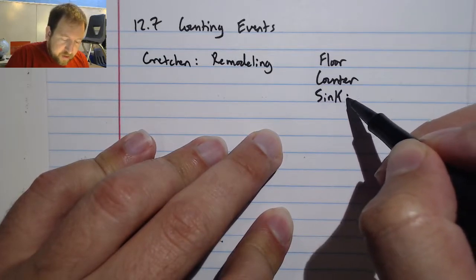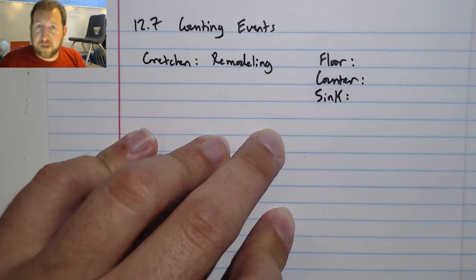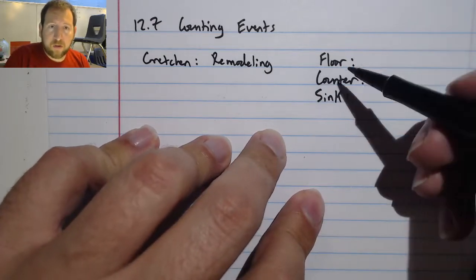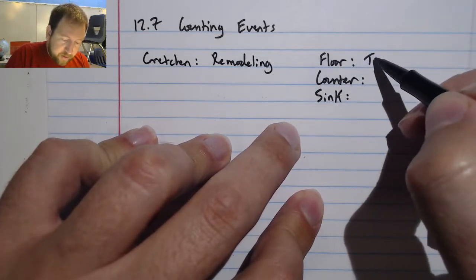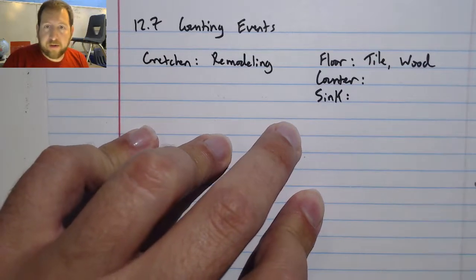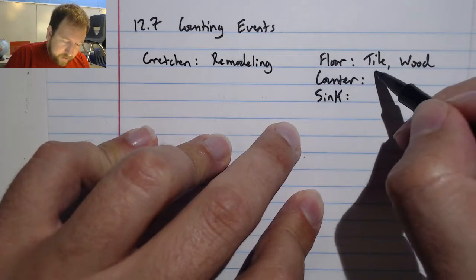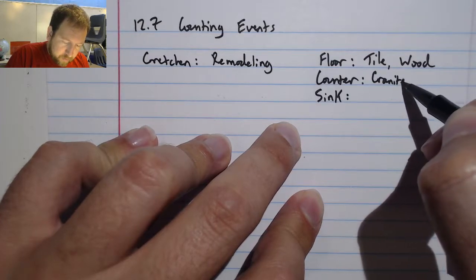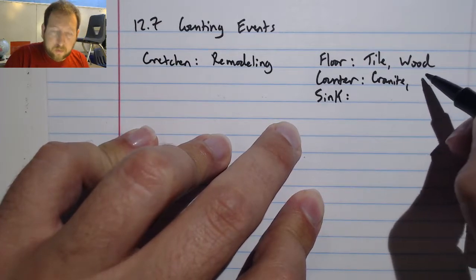And the question that she has, and for each of these, she has multiple options. So for our floor, she can either go with tile or wood. For her countertop, she can go with granite or formica.